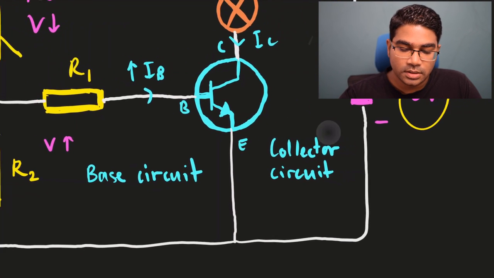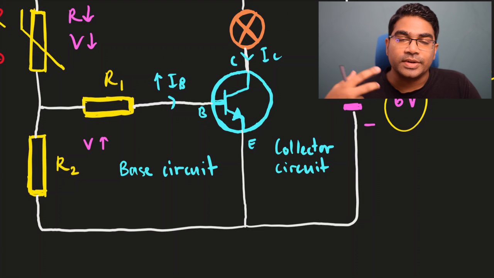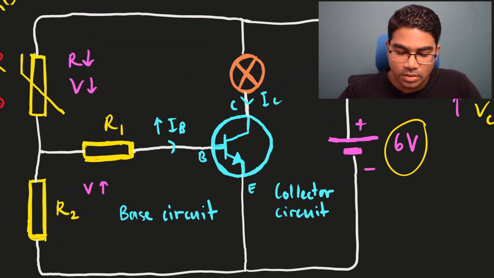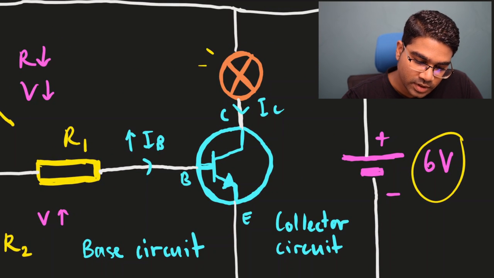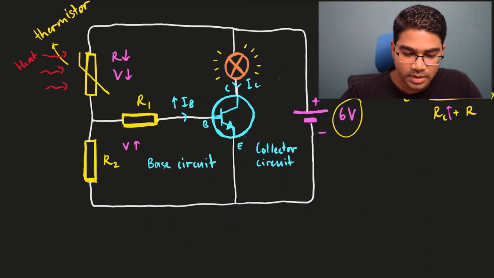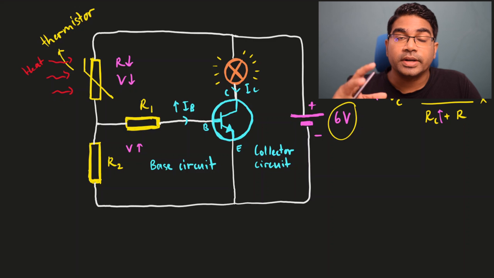This will cause the collector current to increase as well, and therefore the transistor is switched on. So when the collector current increases, the light bulb will come on. So in our setup here, the light bulb will come on when it is hot. So this can also be connected to an alarm system.